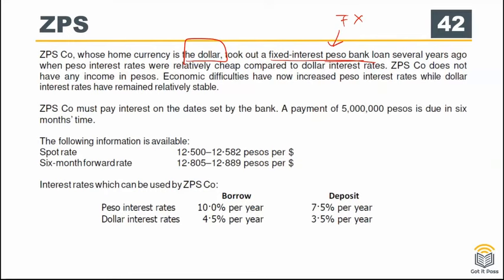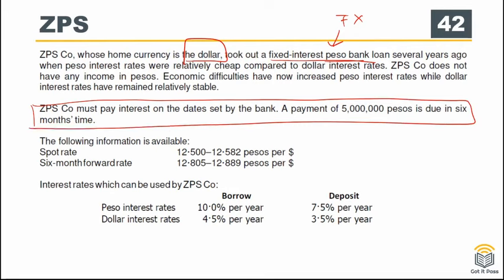ZPS must pay interest on the day set by the bank, and a payment of 5 million pesos is due in 6 months' time. So you have this exposure, and because it's transaction-based exposure, it's transaction exposure, which can be hedged by different hedging instruments.